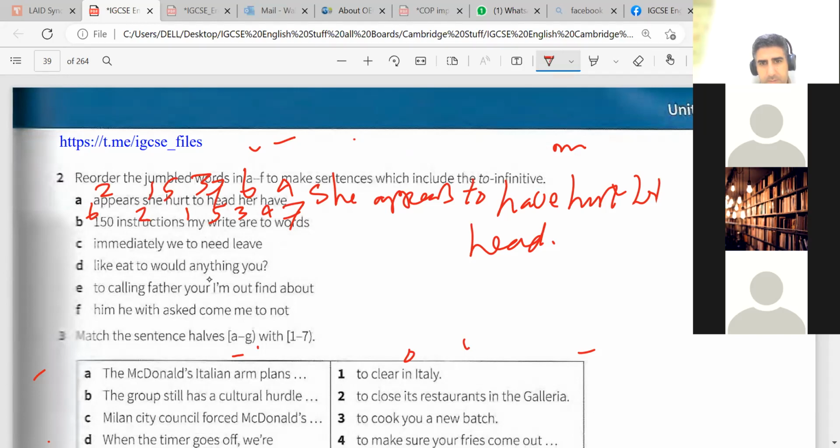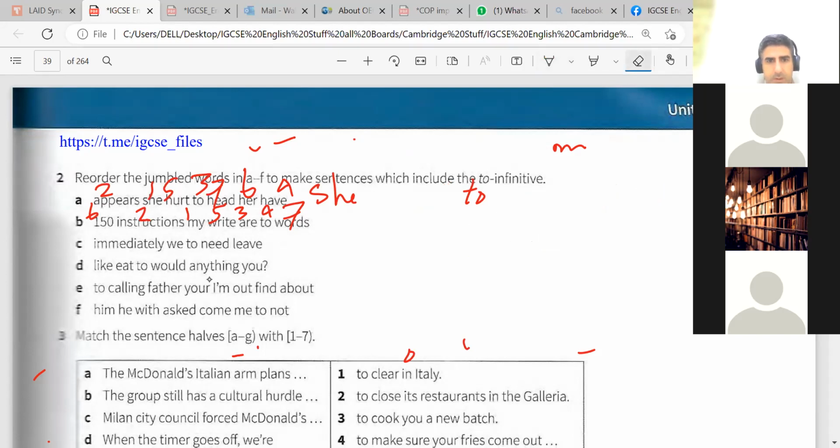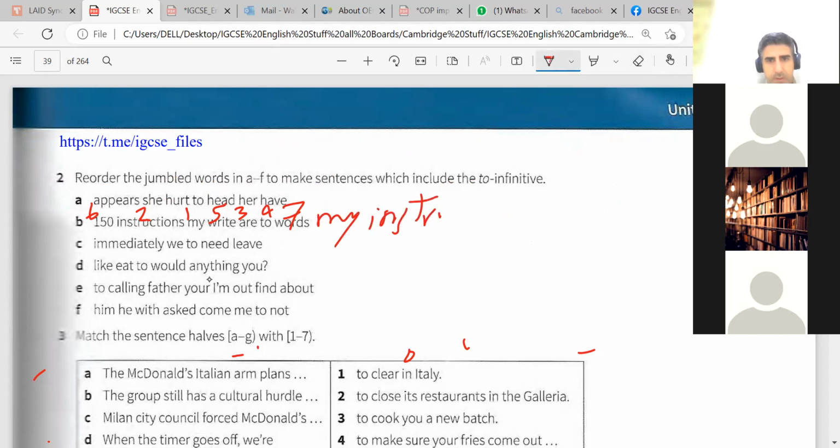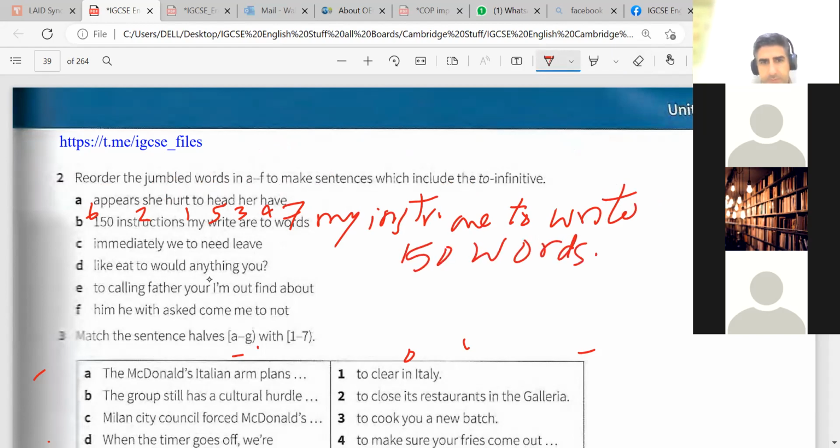I couldn't see the sentence. Let me write it for you, ya Khalid. My instructions are to write 150 words. Is Jury correct?